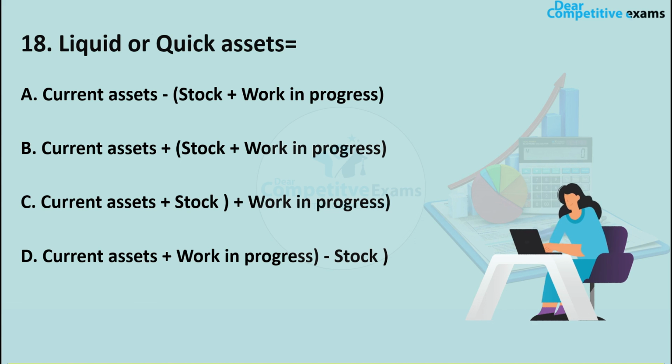Friends, liquid or quick assets are current assets from which we subtract stock plus work in progress. That is known as liquid or quick assets. So the right answer is D. Let's move on to the next question.